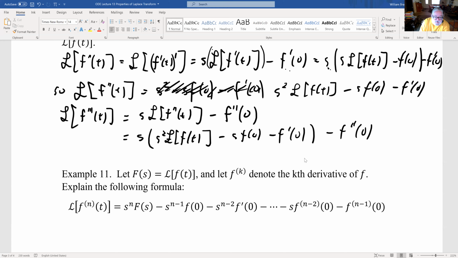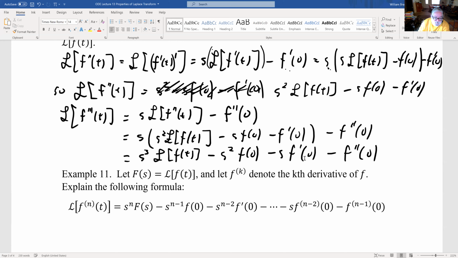So the Laplace transform of the second derivative is all this. Multiply through by the s, you get s cubed Laplace transform of f minus s squared f at 0 minus s f prime at 0 minus f double prime at 0.